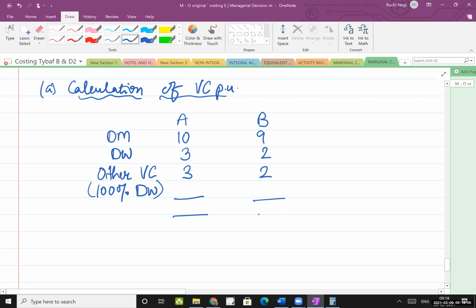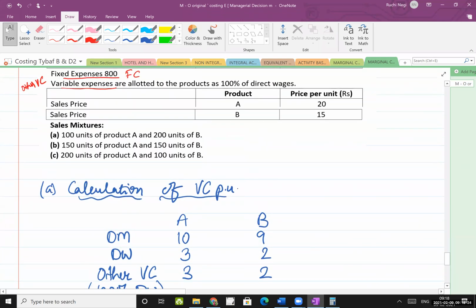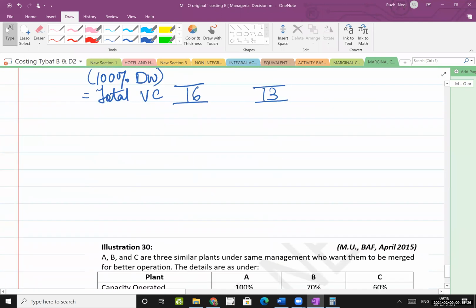This will give me my total variable cost. Total of my variable cost. 10 plus 3, 13, 13 plus 3, 16. 9 plus 4 is 13. Okay, so 16 rupees and 13 rupees respectively is my answer for A and B. Okay, then what will you calculate?